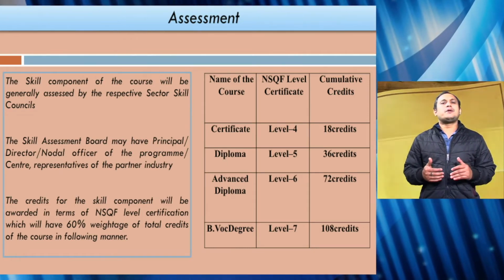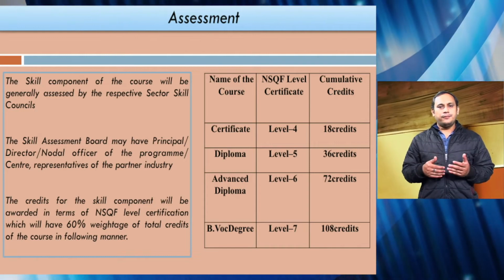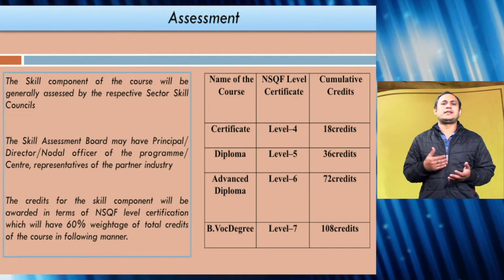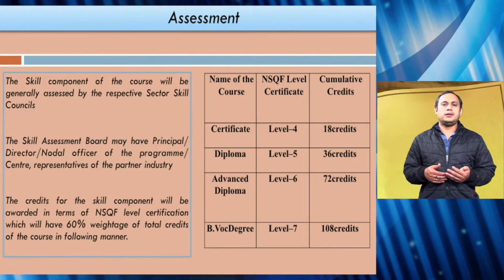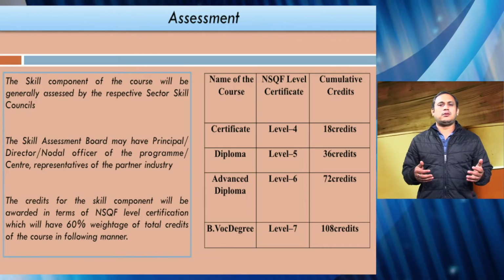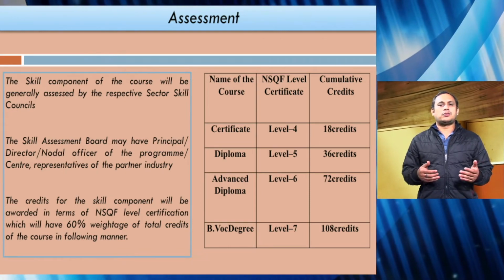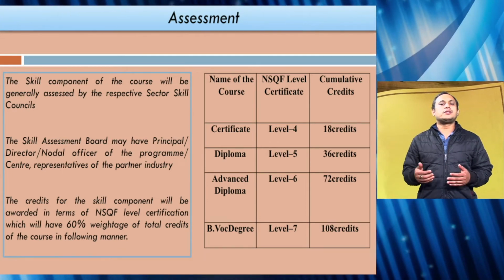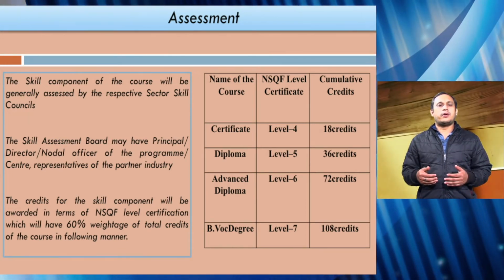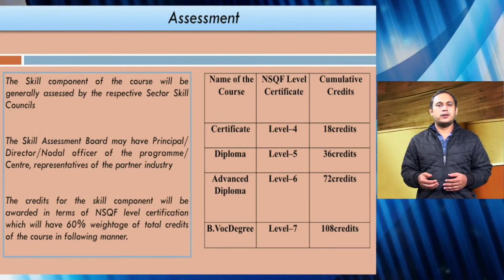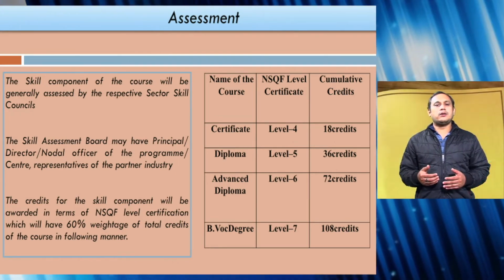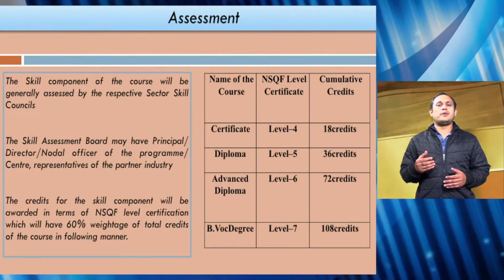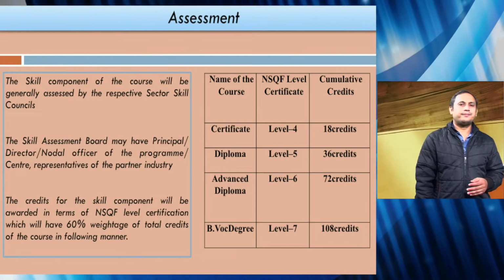The skill assessment board has the principal, director, nodal officer of the program, or you can say a central representative of the partner industry, one nominee of the controller of examination or his or her nominee of affiliating universities or autonomous college, and at least one external expert. The affiliating university may nominate an additional expert on the skill assessment board if required.